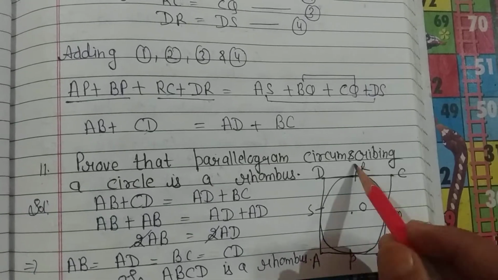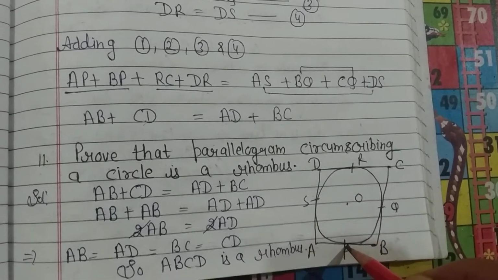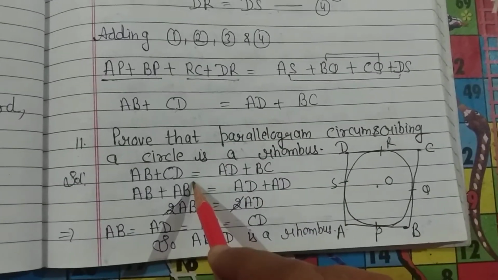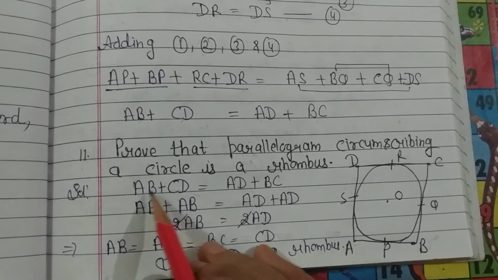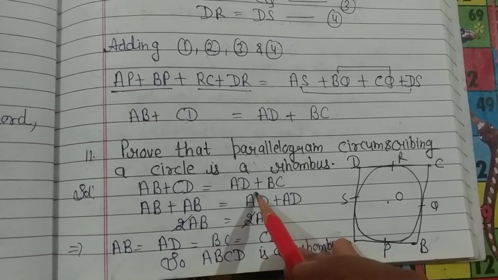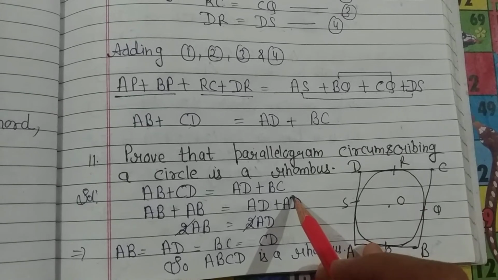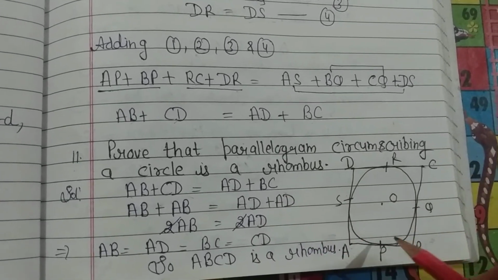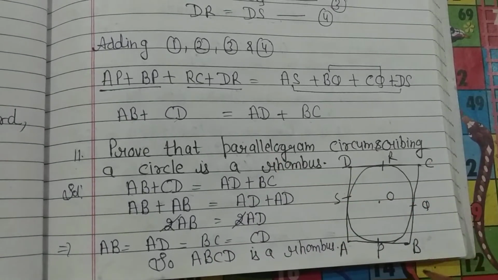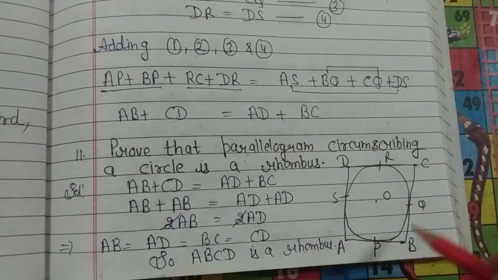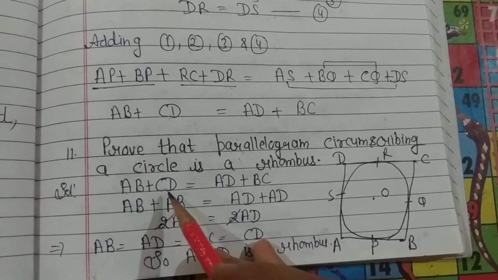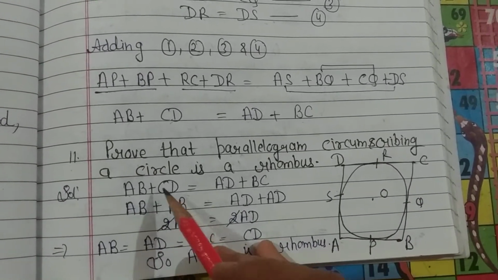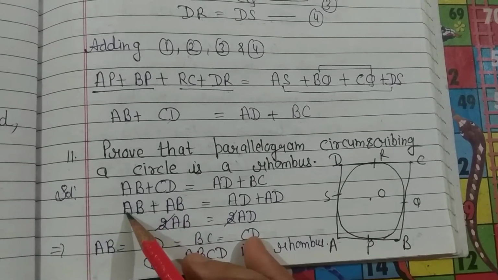PQRS are the points of contact. And here I have used the result of question number 8. AB plus CD is equal to AD plus BC. Now, as ABCD is a parallelogram, we can say AB is equal to CD. So I have written AB in place of CD.